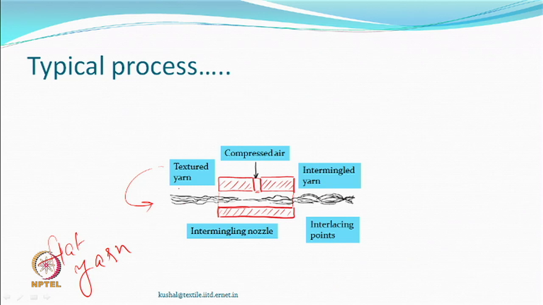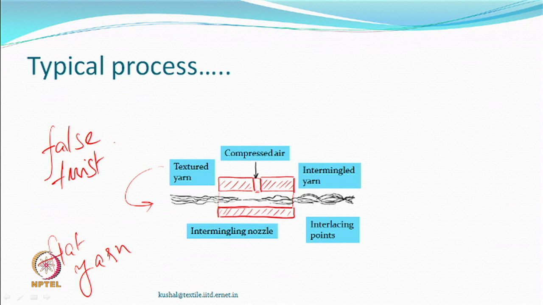Now, this textured yarn would be which one, air jet or false twist? False twist. Why not air jet? We know the need. So, why not air jet? This is the input.